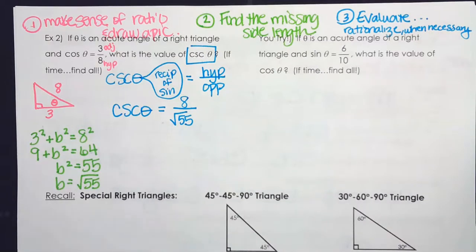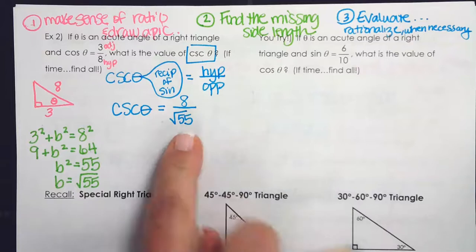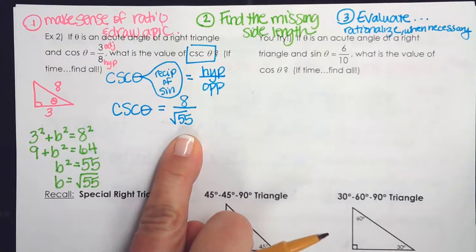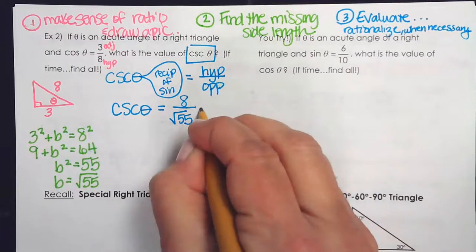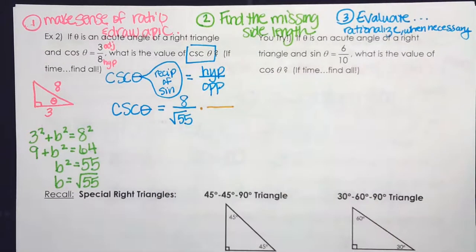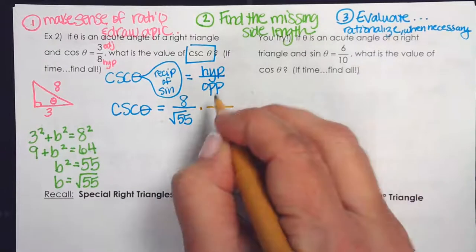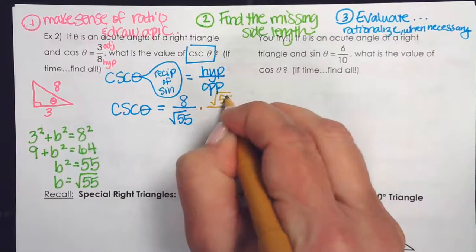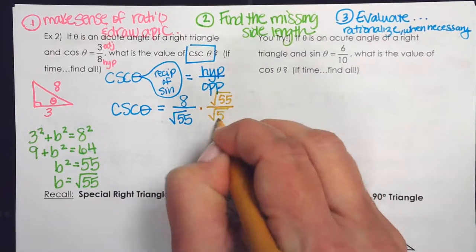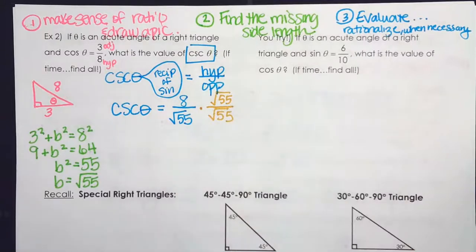This is not the way that we'll be leaving our answers. We want to rationalize this. Do you remember what we have to multiply by to rationalize? We'd have to multiply by root 55 over root 55. That's a form of 1. That's legal.